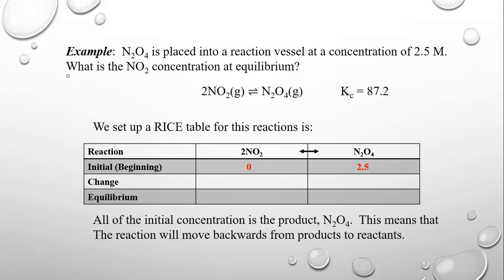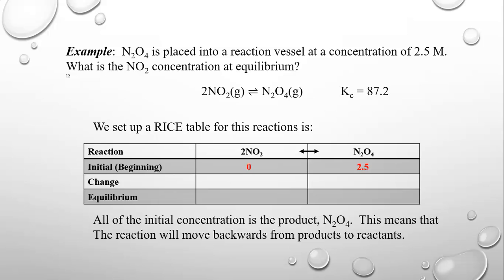Okay, so there's the RICE table for this reaction. The reactant, you start off with none of the reactant and all of the product. And so this reaction is going to move from right to left. It's going to favor reactants, meaning it's going to move back towards reactants. So all of the initial concentration is the product N2O4. This means that the reaction will move backwards from products to reactants.